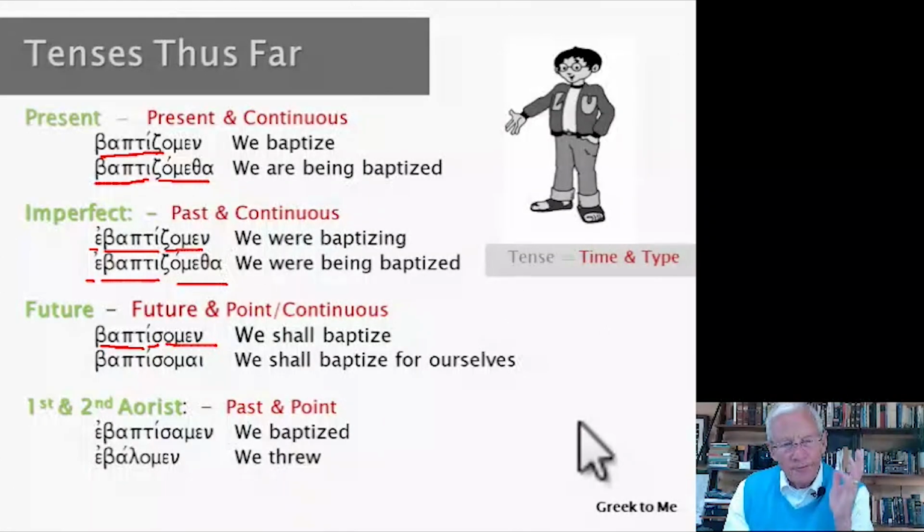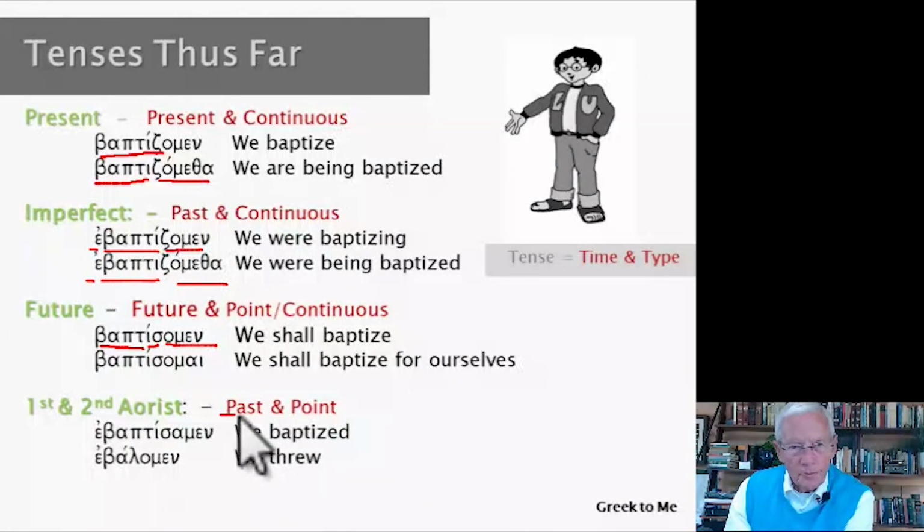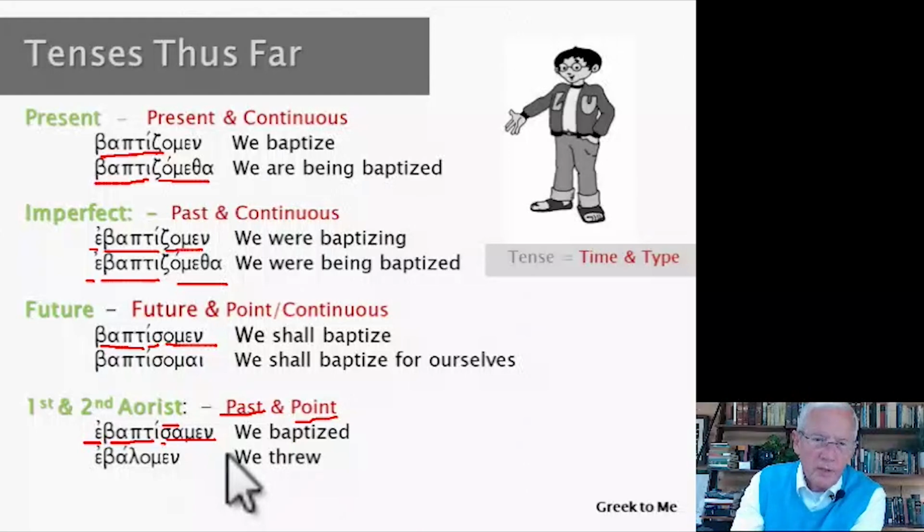And then finally, with the first and second aorist, we are dealing with past time and point action. With the first aorist, we have our prefixed augment, we have our stem. Here we have the sigma suffix, and we also notice the presence of the sigma alpha, and there's our first person plural ending.